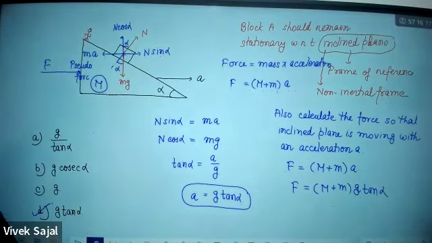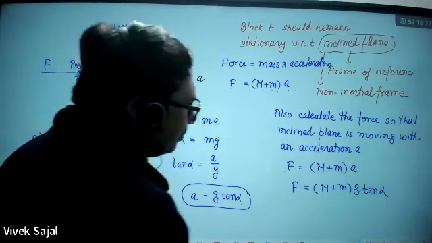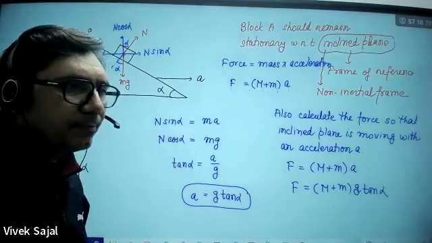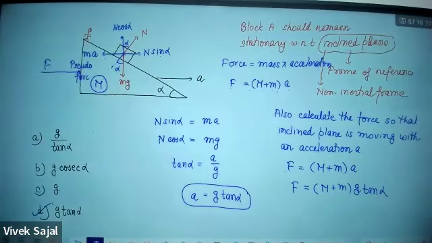Yes, beta, please. Sir, in this case, you did not resolve mg because friction is not given? Because friction is not there. When friction comes, we will think again. Okay.